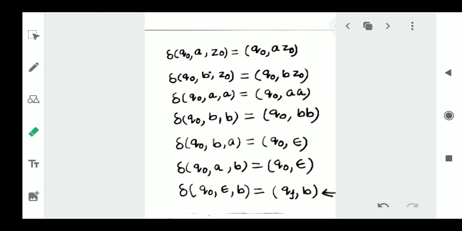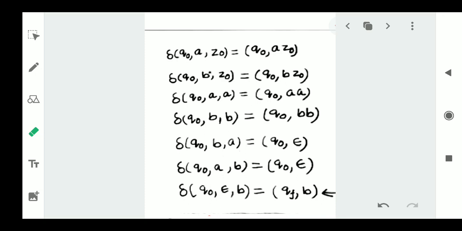If we take only one A and three B's, this will not work out. If the number of A's is less than the number of B's, you have to take only one fewer A than B's. If you take three B's, you take two A's. If you take two B's, you should have only a single A. This is how we construct the PDA.